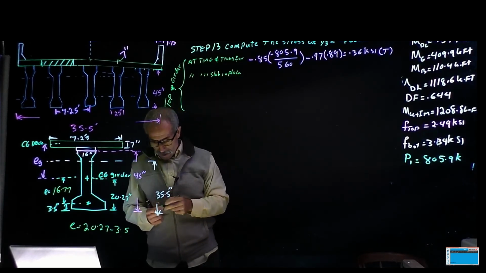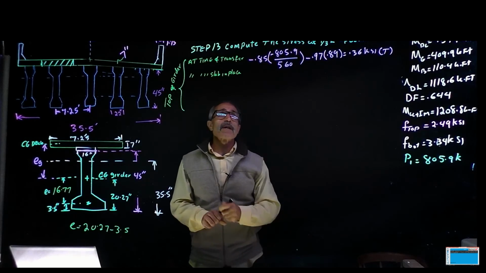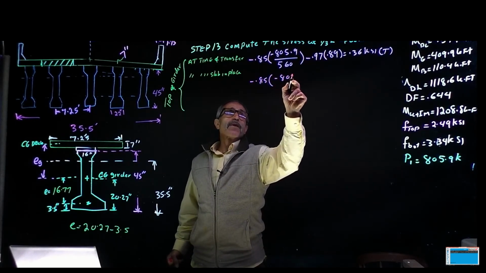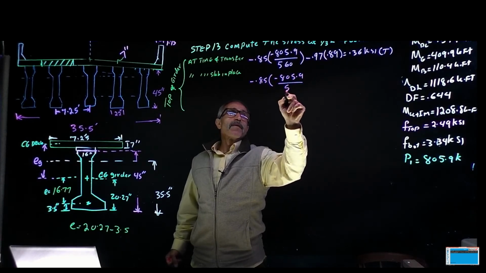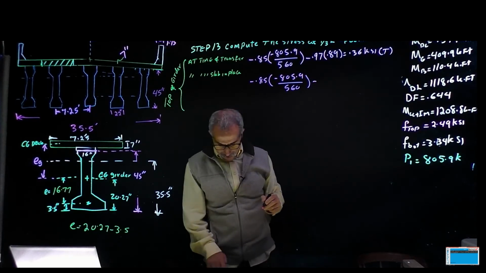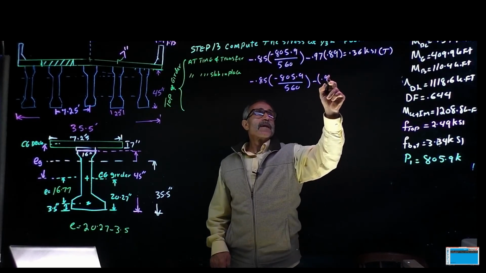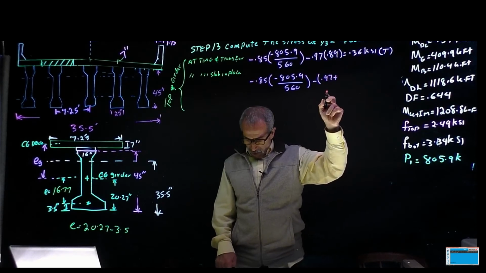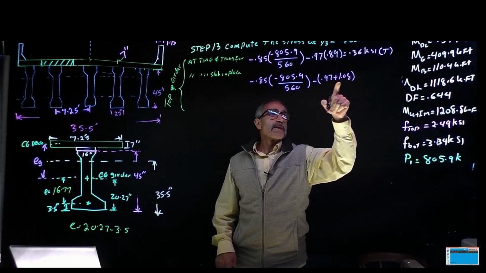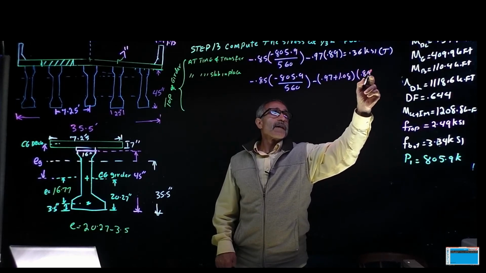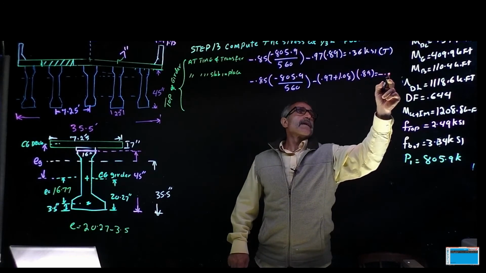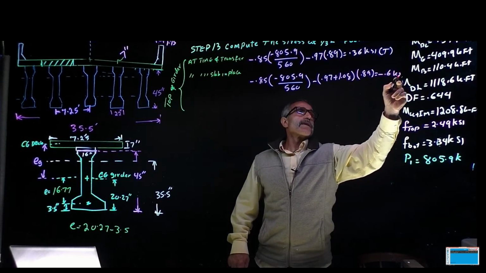When we put that down, that's going to be minus, same thing, minus 0.85 times minus 805.9 divided by 560 times minus 0.97 and plus the 1.08. Again, those numbers are from the previous step, times 0.89, and that will give us minus 0.6 KSI. That's in compression.